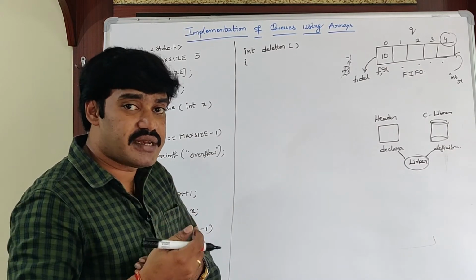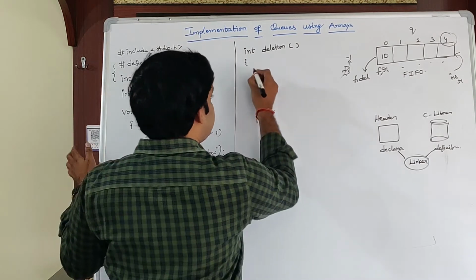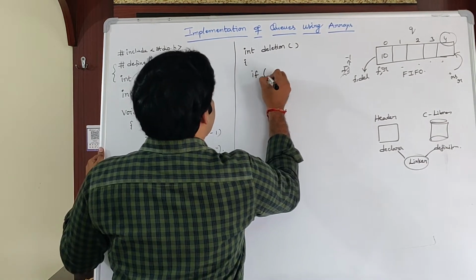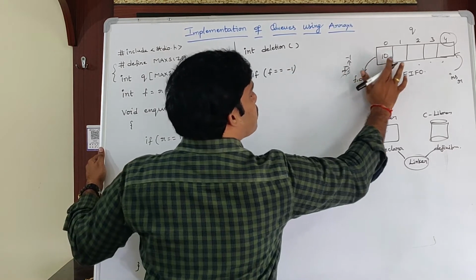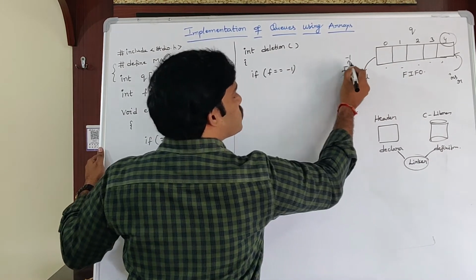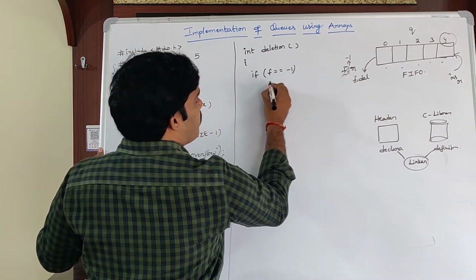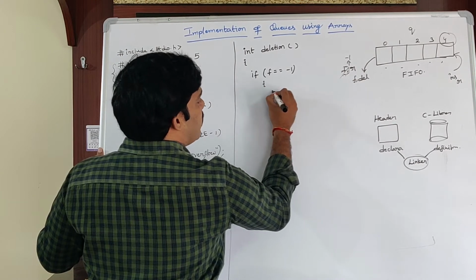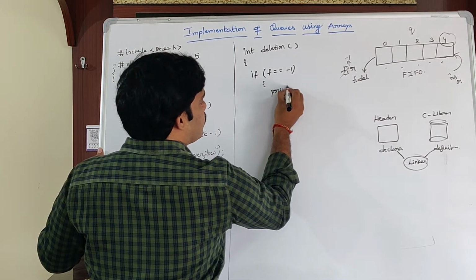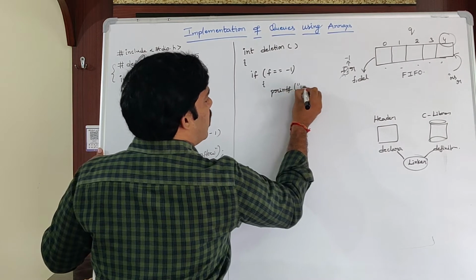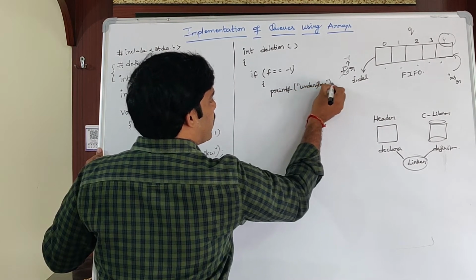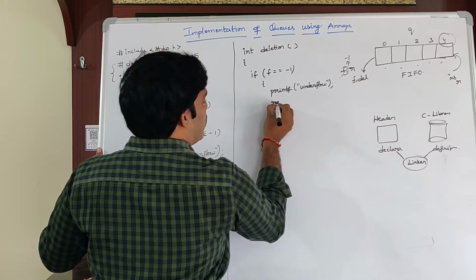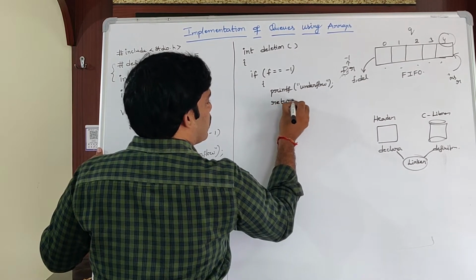Deletions are from the front end. So by using front, if F is equal to -1. Why? Because initially front and rear are the pointers that point to -1. So if F is equal to -1, then printf underflow. Underflow means not possible to delete. Underflow. Return -1.